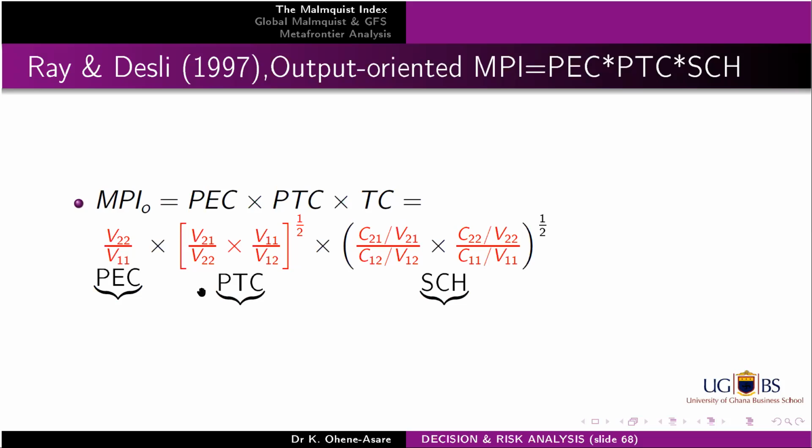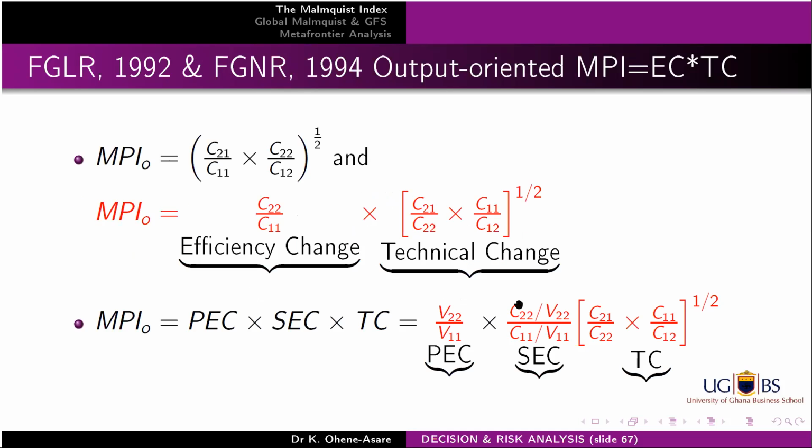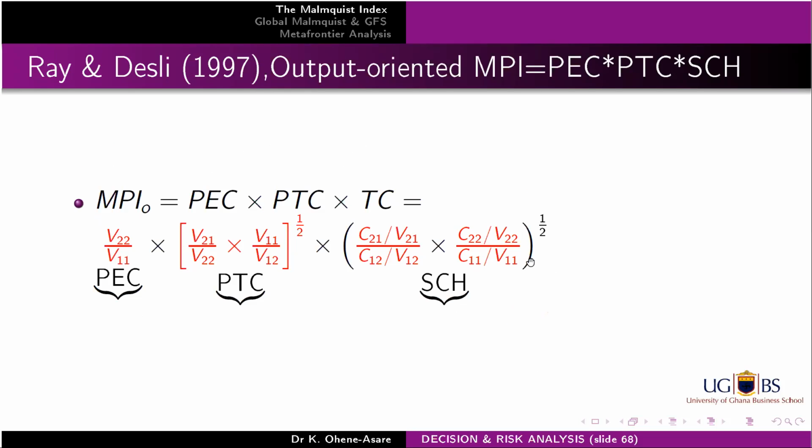Pure technical change, not just technical change. And then they created a new scale efficiency. If you can remember this scale efficiency here, they created a new scale efficiency and then took a square root of that as well. Majority of people don't use this because it's a little bit complex.